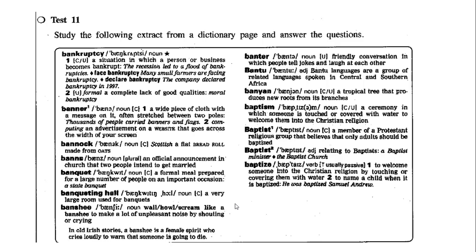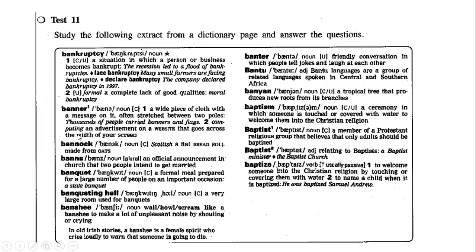Then test 11. Study the following extract from a dictionary page and answer the questions. This is a reading and comprehension, so you have to read this one. We look at the words only.